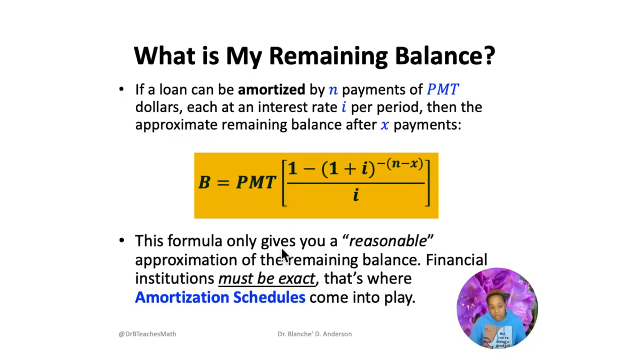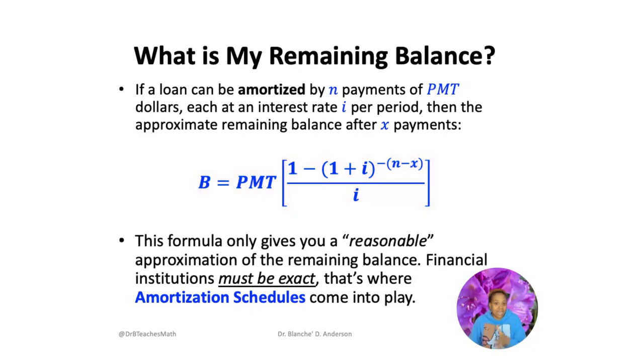Now, one of the things I want to point out about this formula: it gives you a reasonable approximation, as an individual, of what's going on. But when it comes to financial institutions and the banks, they have to be exact because they get audited. They have to account for every penny. So you'll see some adjustments that are made because you can't avoid rounding. Rounding happens.